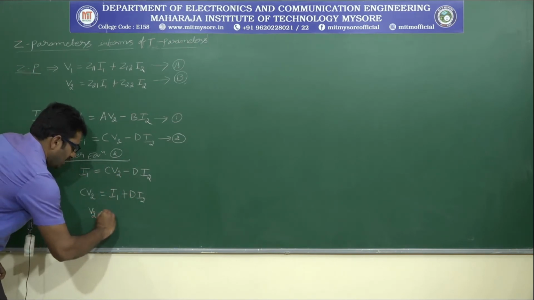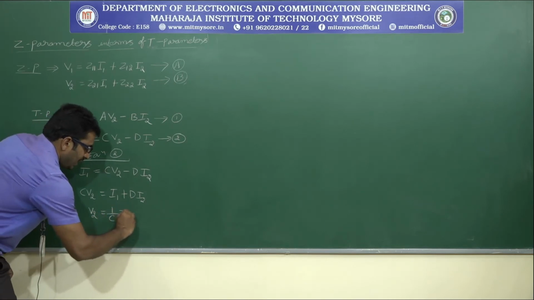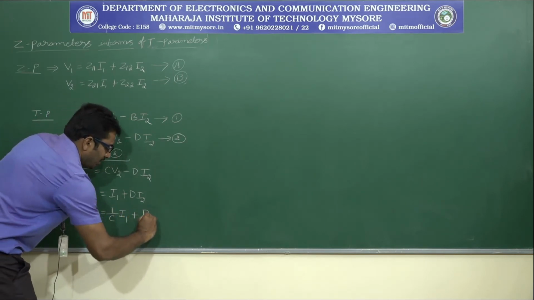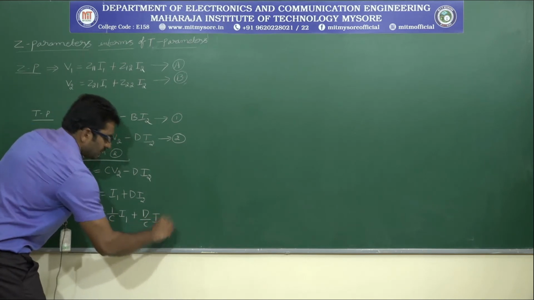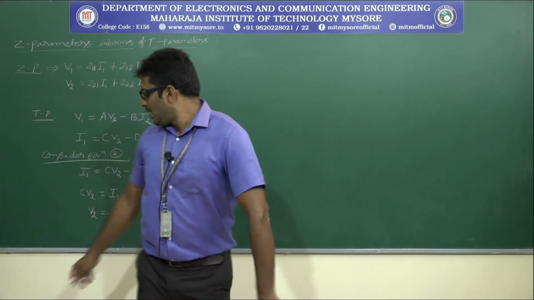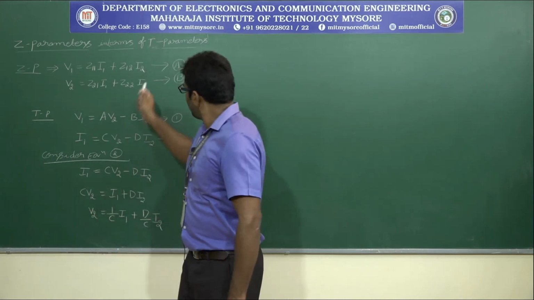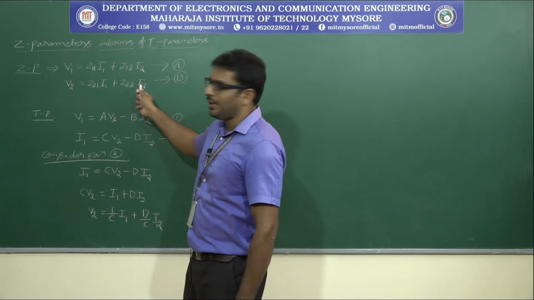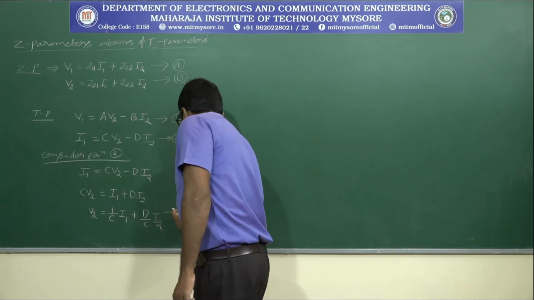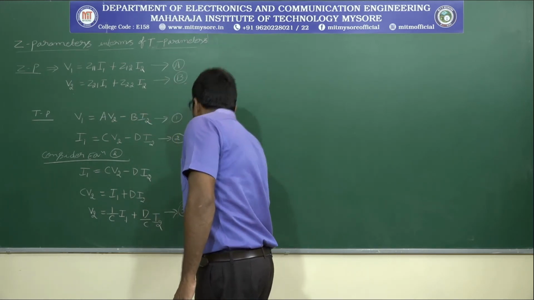Therefore, V2 is equal to 1 by C I1 plus D by C I2. Is it clear? Now compare with equation B: V2, yes, I1, it is there, I2. Call it equation 3.